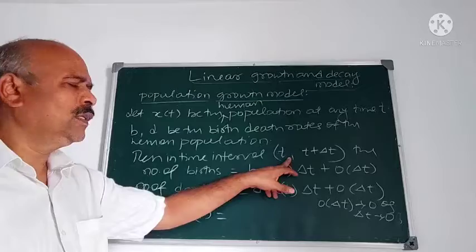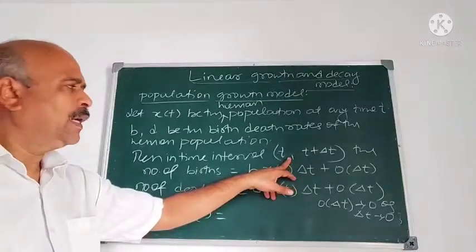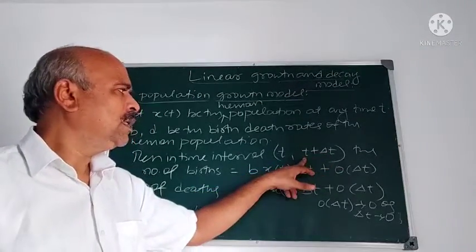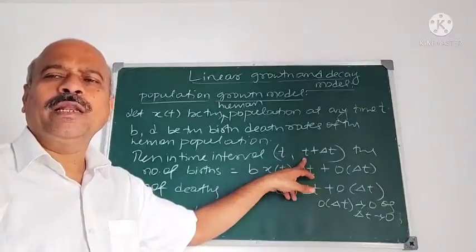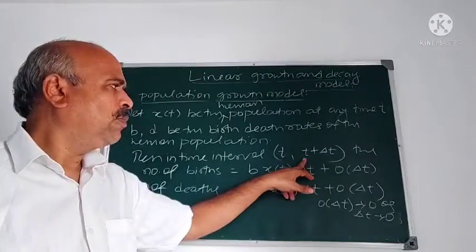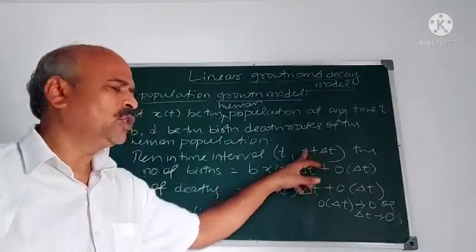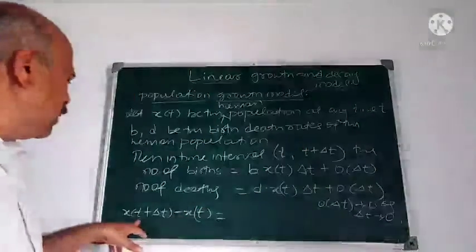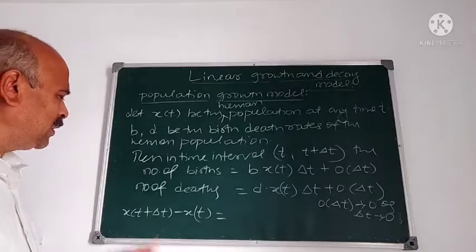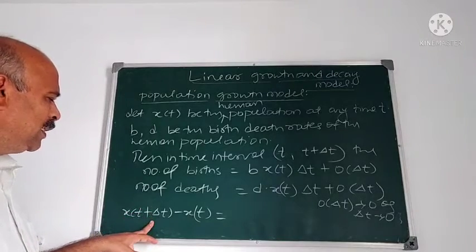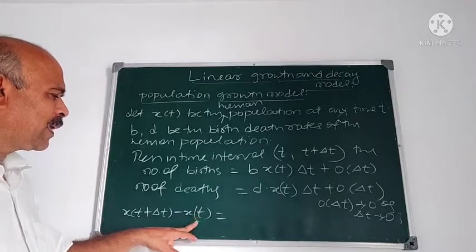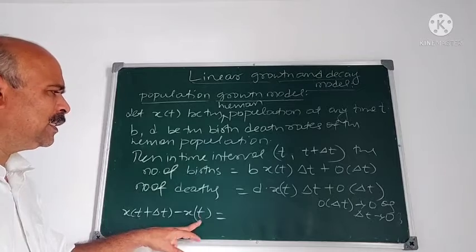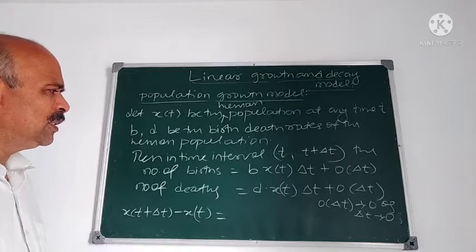We have started with a certain time t, and we calculate the population growth model for any time t. How is it defined?